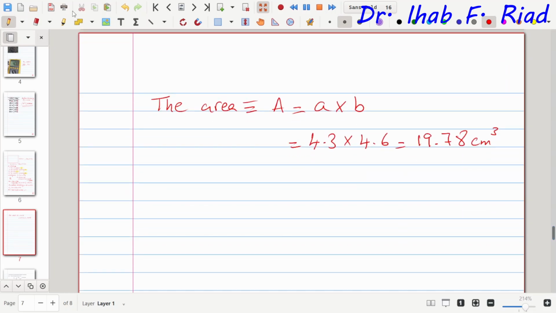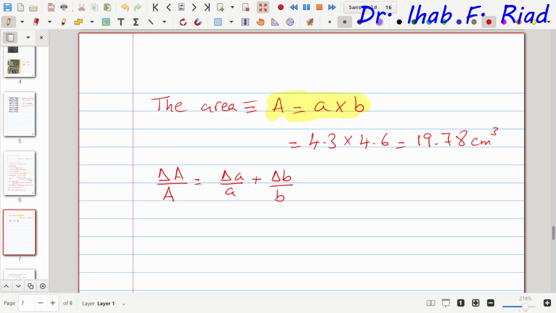Okay, then how do we calculate delta A? Well, the formula that you should always remember is that if the physical quantity we are interested in is the product of two or more values, then we calculate it like this. Delta A over A is equal to delta a over a plus delta b over b.